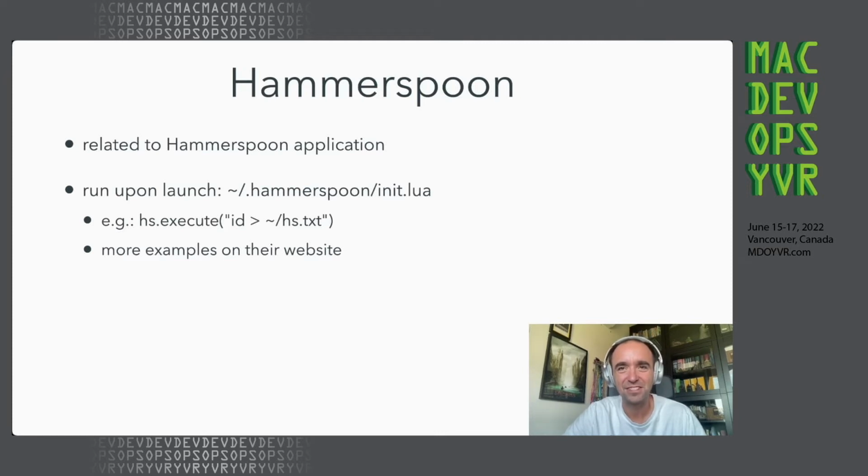Now, this is a Lua script, which I don't find so friendly to write, but we can just do an hs.execute and provide a bash script there. But they have more examples on their website if you don't want to do bash scripting.